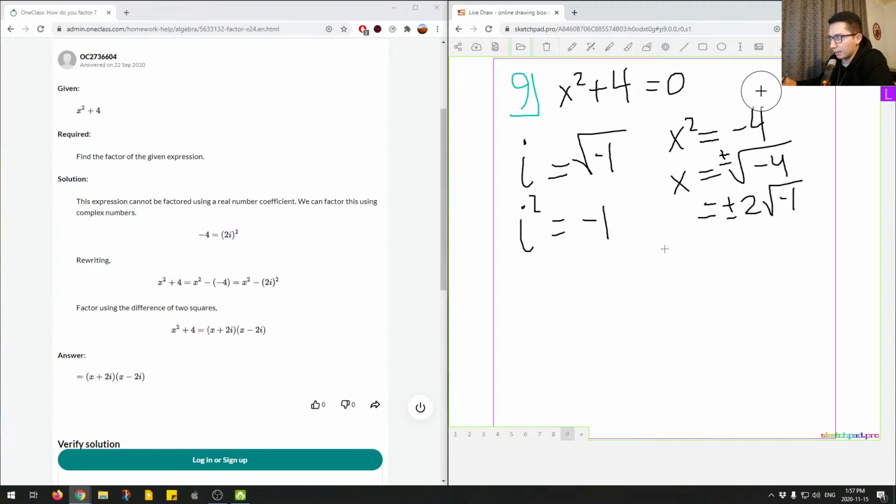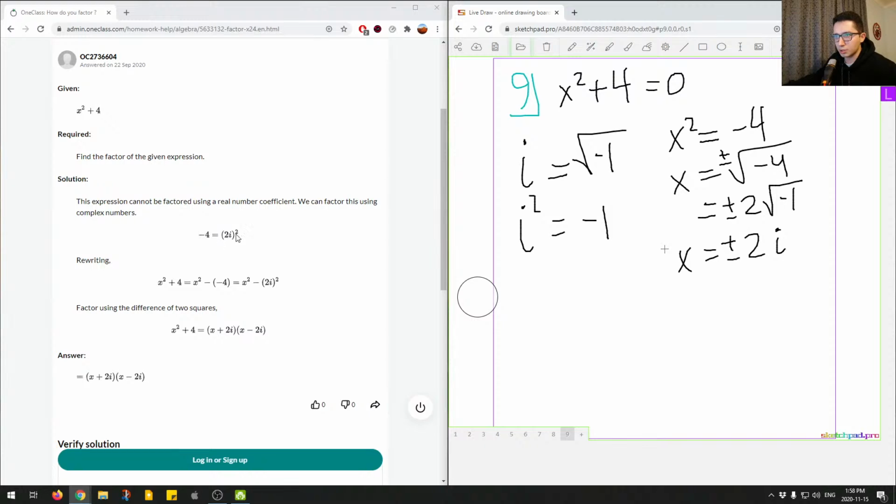We still have the negative 1 under the square root. So we can just substitute i in, and we know it's plus or minus 2i. That's what x equals. So that's how we get to this point.